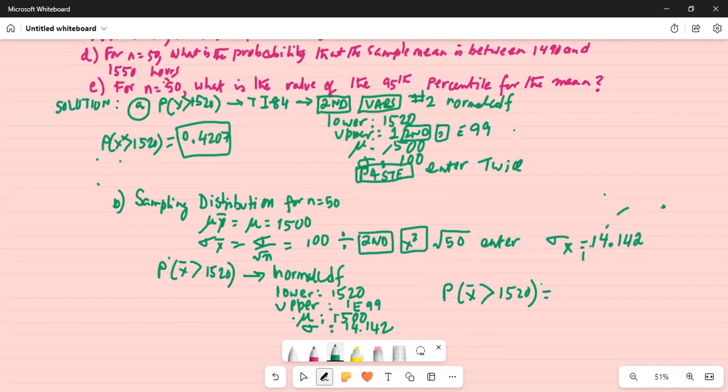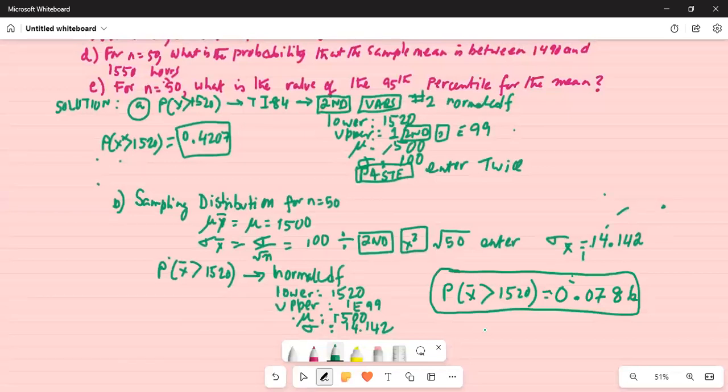Do not forget to change the standard deviation to 14.142 because we are dealing with a sampling distribution. And last is enter and enter. And the answer is 0.0786, you might say. So that is your answer for part B.